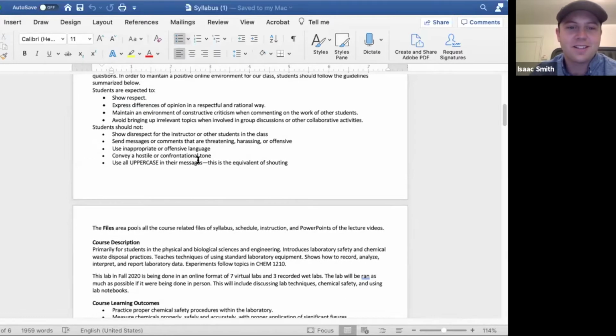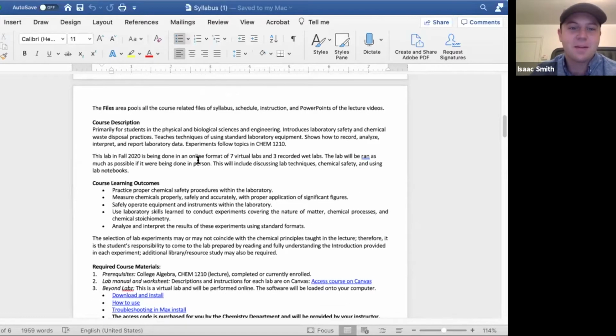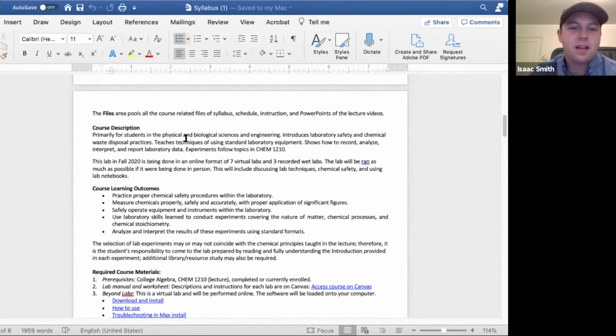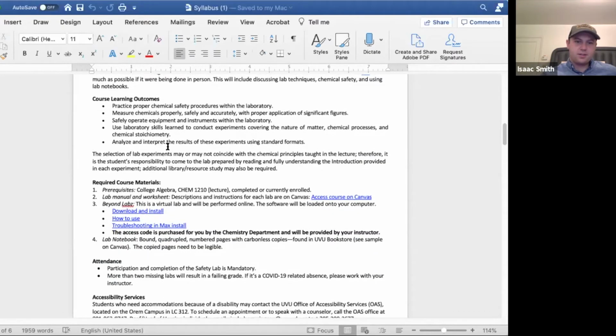I'll look through those periodically just to make sure nothing crazy is happening, but I don't think it will. Not much to talk about in a chemistry course. All right. You have files, you'll find syllabus, schedules, stuff like that. Anything else probably isn't interesting to you and you've already read it.